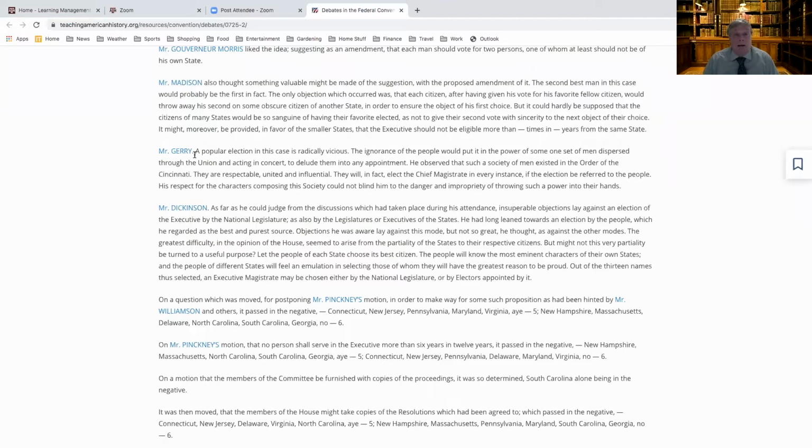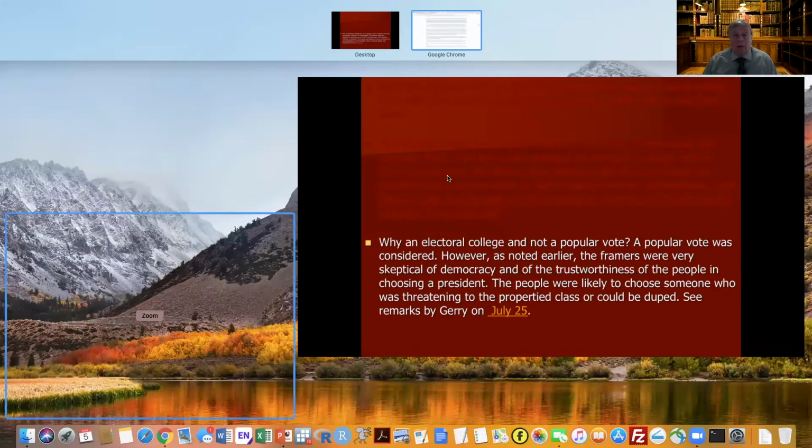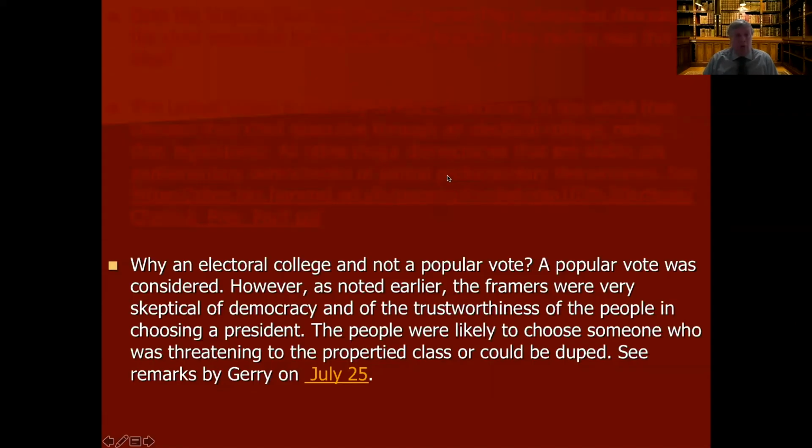They will, in fact, elect the chief magistrate in every instance if the election be referred to the people. His respect for the characters composing the society could not bind him to the danger and impropriety of throwing such power into their hands. So he's radically opposed. He thinks direct democracy is radically vicious, is what he says.